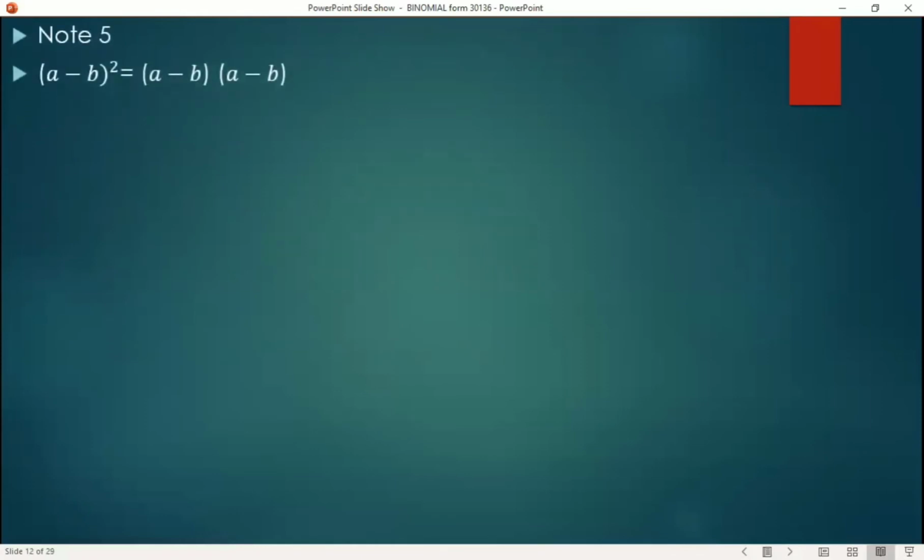What about (a minus b) to the square? So a minus b has to multiply by itself. So it's (a minus b) multiplied by (a minus b). Trying to simplify it, we have a times a, plus a times minus b, plus minus b times a, plus minus b times minus b.